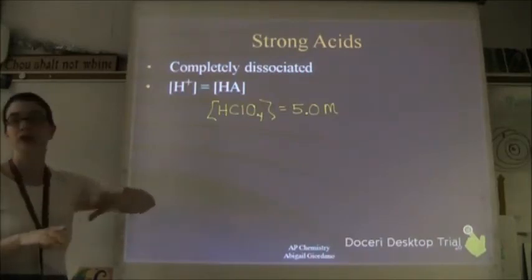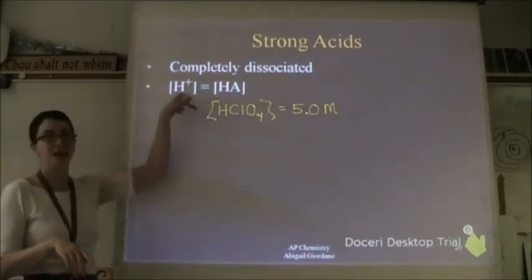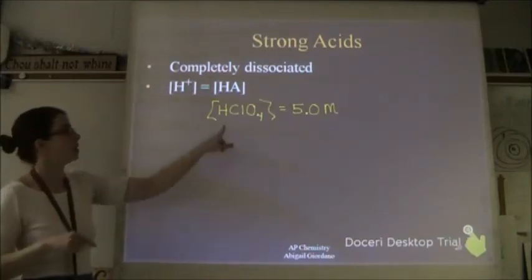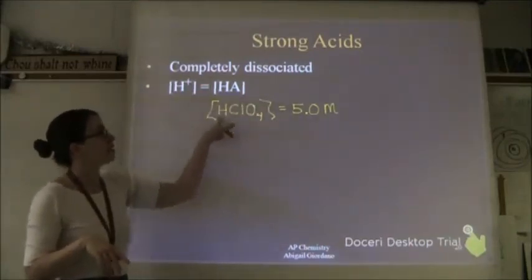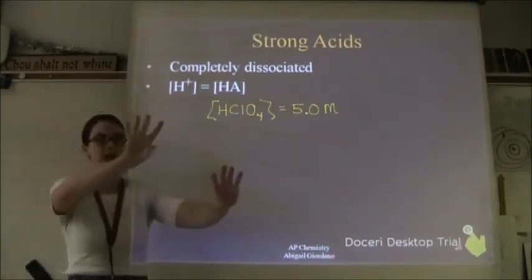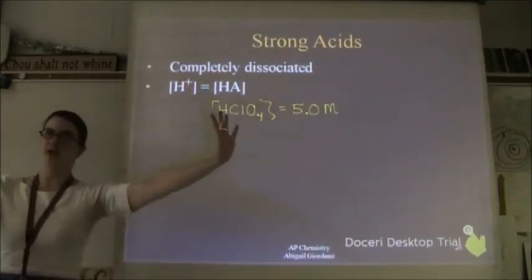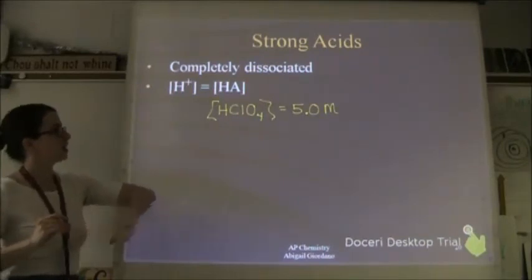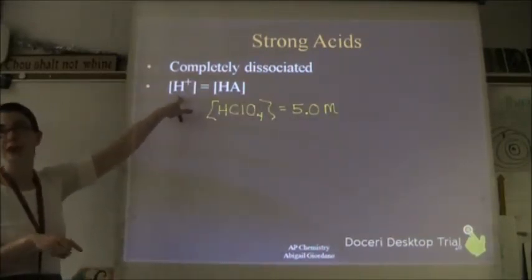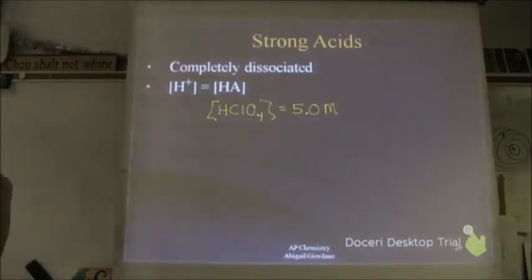Now let's make sure you understand why this is true. Because of this: complete dissociation. All of these HClO4s are going to split into H pluses and ClO4 minuses. However much acid I started with will all be converted into those ions.